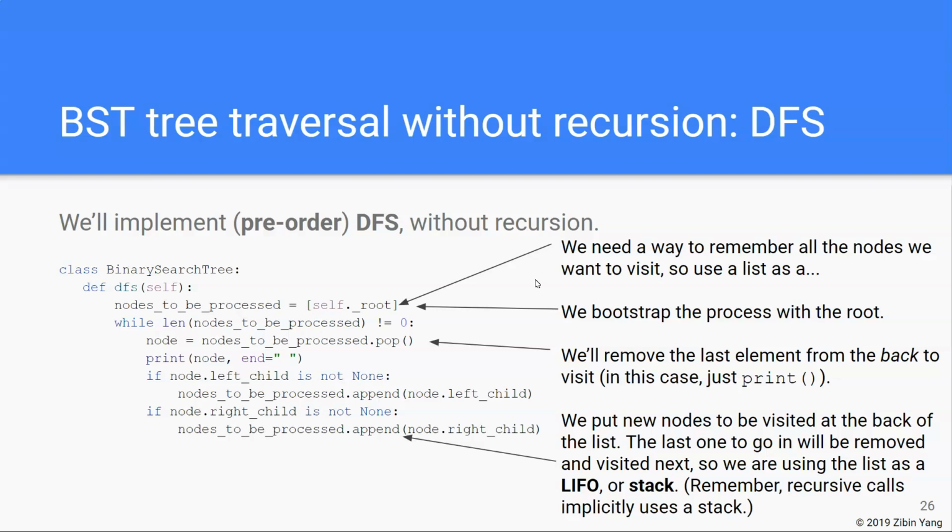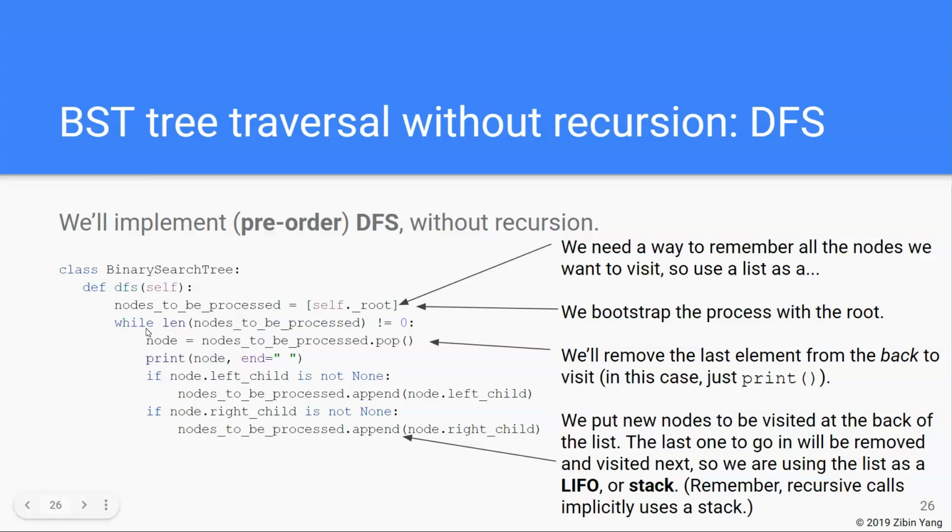So we really need a way to remember all the nodes that we will visit. So let's start with the list. We'll call this nodes to be processed or to be visited. And the first node that we visit is intuitively the root.